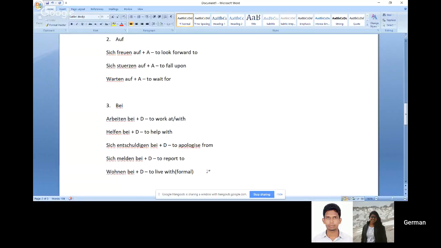So it is making a difference in the meaning, and that's why these verbs with fixed prepositions act as phrases. Okay, so now take two verbs from any of these three and two of "bei" and make four sentences, please.